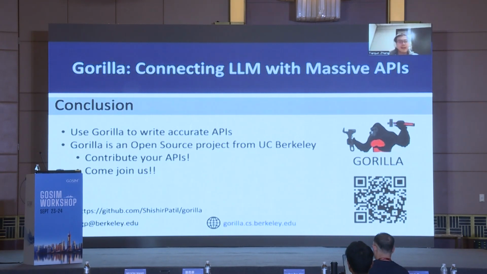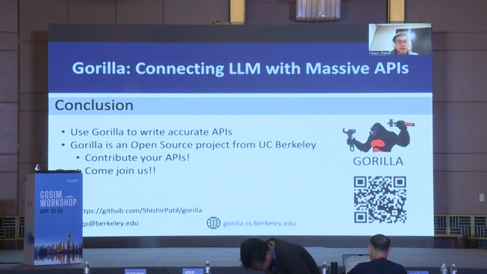So here is the last slide I'll be presenting today, and here's a little bit of conclusion. From the paper, we use Gorilla to write accurate APIs. We also create this benchmark evaluation metric using the abstract syntax tree to let us effectively measure the hallucination of language models with the help of our tree matching method.